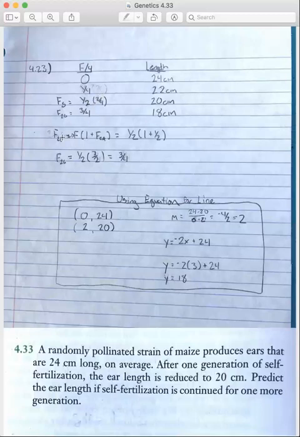The total inbreeding coefficient, F of 2G, is equal to the F if the common ancestor was not inbred, times 1 plus the inbreeding coefficient of the common ancestor. This is the equation from the lecture.